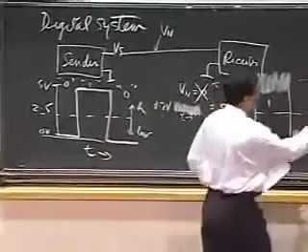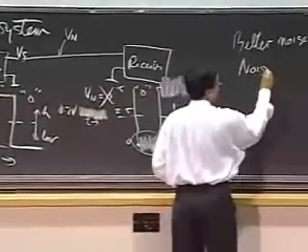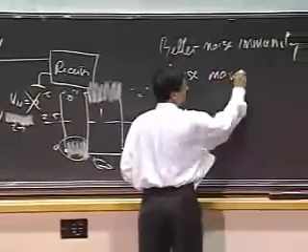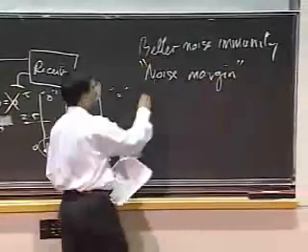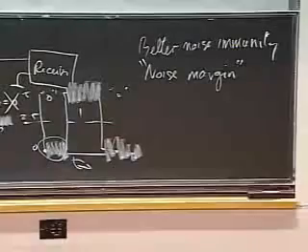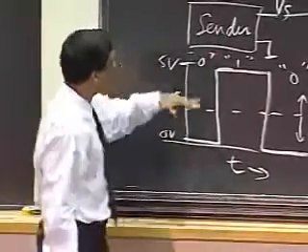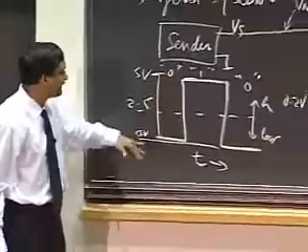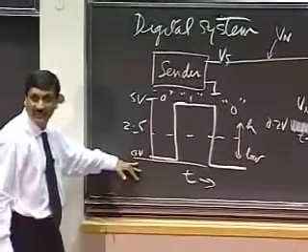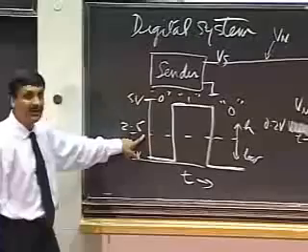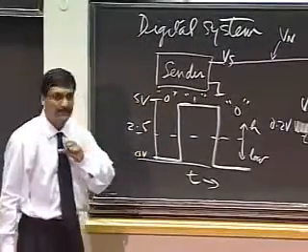Okay, consequently, I had what is called a noise margin. Noise margin says how much noise I can tolerate. In this situation, because the sender sends 5 volts and 0 volts, the 5 volts can creep all the way down to 2.5 and I'll still be okay.